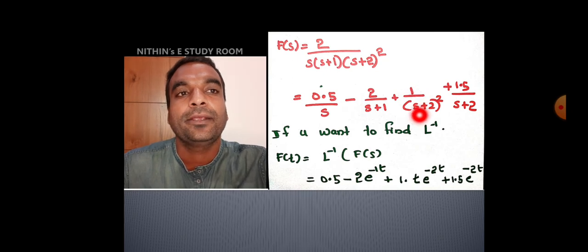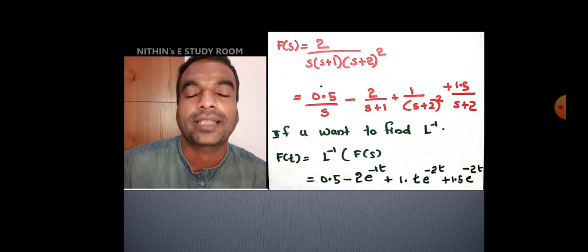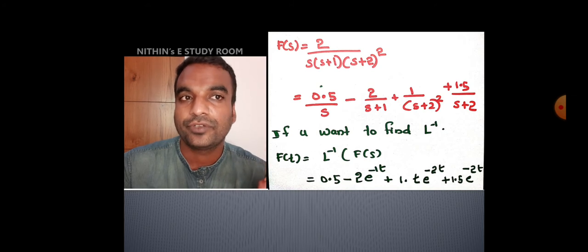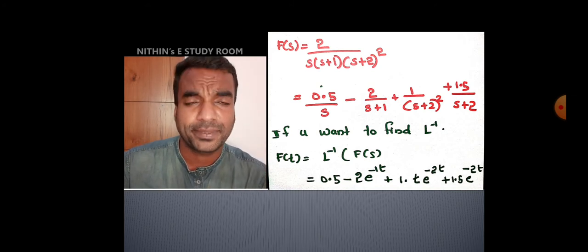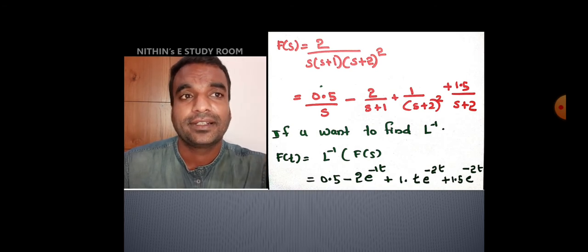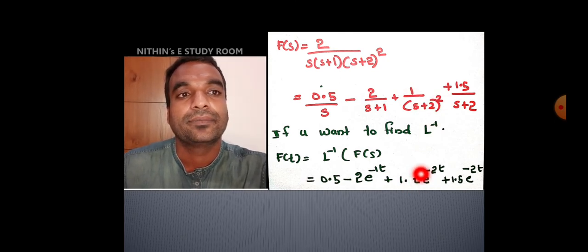So 1 by s plus 2 square. If shifting is there, we have to multiply the time domain equation with e raised to at. So if you are shifting by a, s plus a, you have to multiply the time domain equation with e raised to minus at. 1 by s square is t.